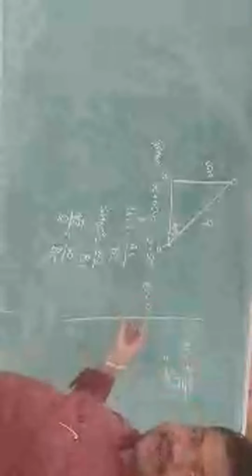So sine 60 degree, root 3 upon 2, is equal to 60 upon BC. So cross multiplication, BC is equal to 2 into 60 upon root 3. 60 I can split it as 20 into 3 divided by root 3. 1 root 3, 1 root 3 get cancelled. 20 twos are 40 root 3.